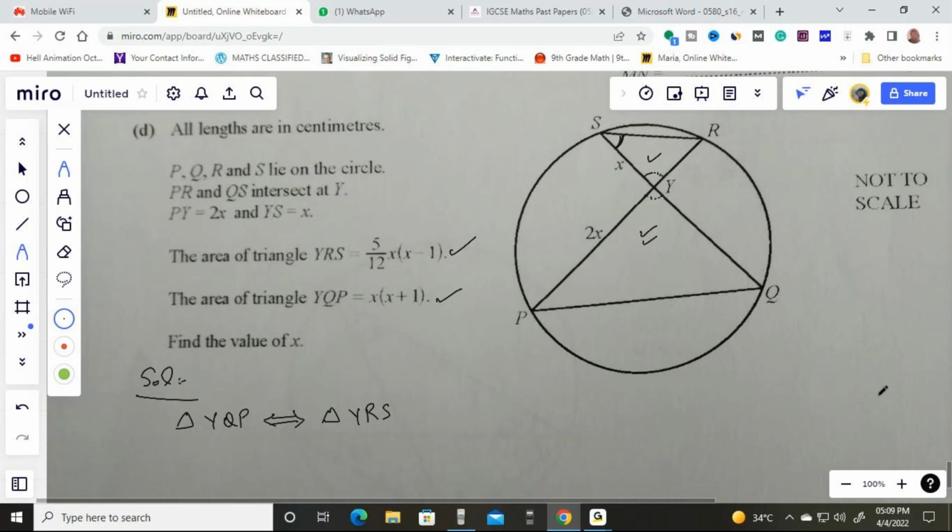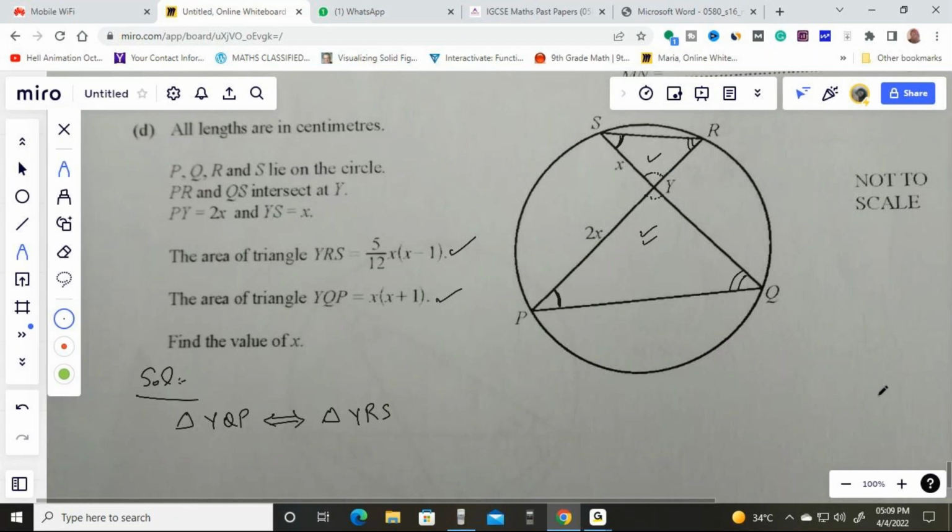Interior angle S is equal to interior angle P, and interior angle R is equal to interior angle Q. So the line PY is corresponding to YS because they are carrying same angles.